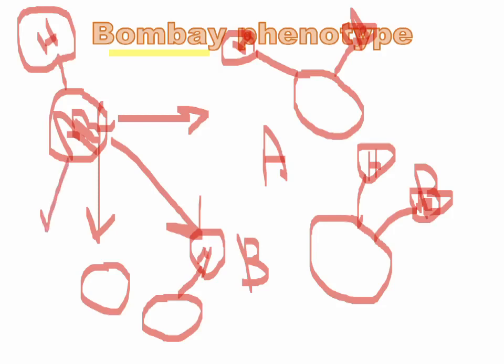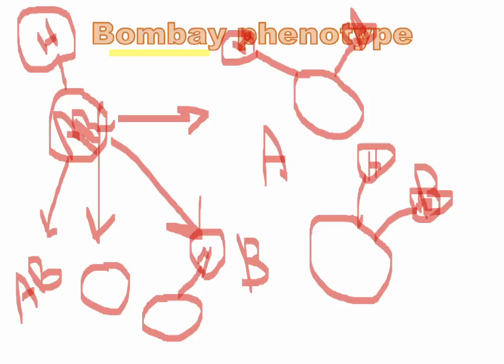And for a person whose blood type is AB, you will find that on the surface of the RBC, the H antigen will remain as it is, and also part of it will be converted to the A antigen, and part of it will be converted to the B antigen. So you will have the A, B, and the H antigen.